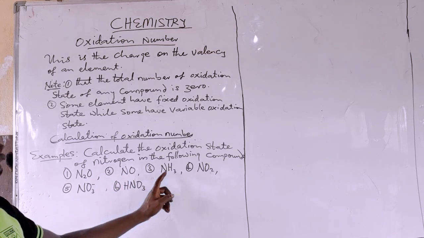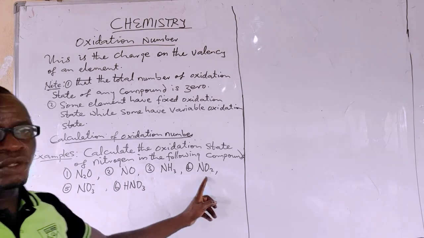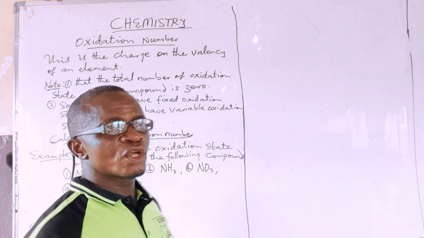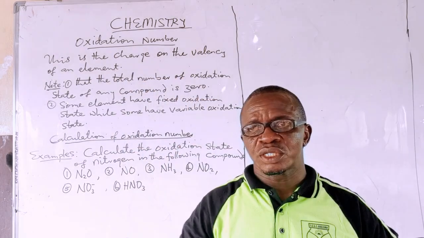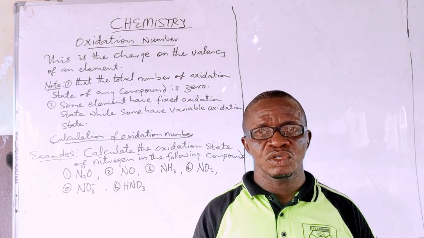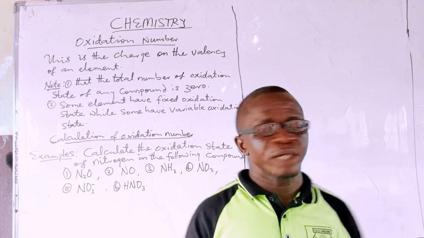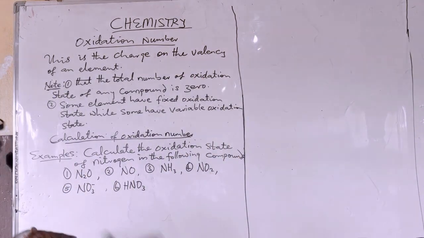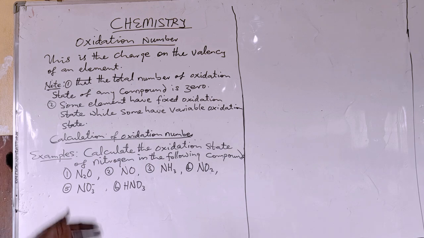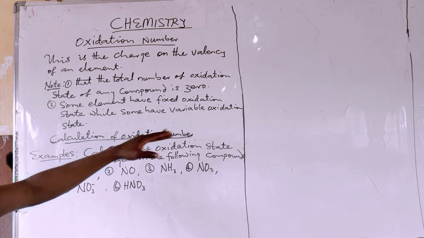That of this might not be the same as that of this. So it keeps changing. That's the variable oxidation state that we are talking about. Note that some have fixed, some have variable oxidation state.